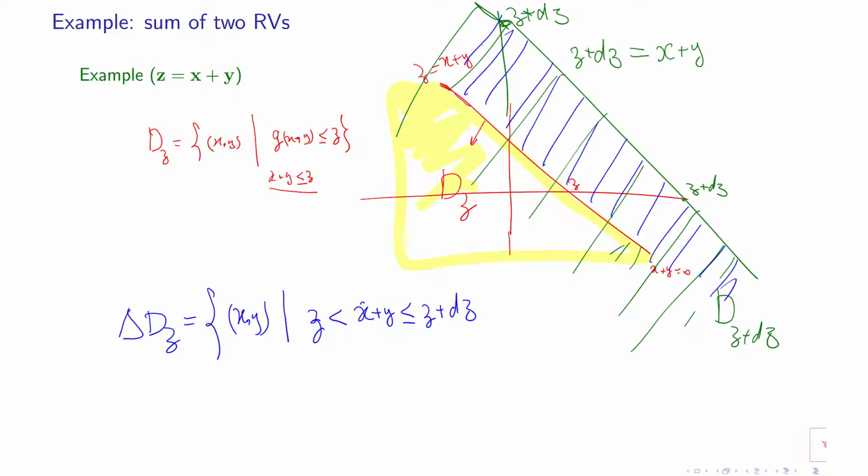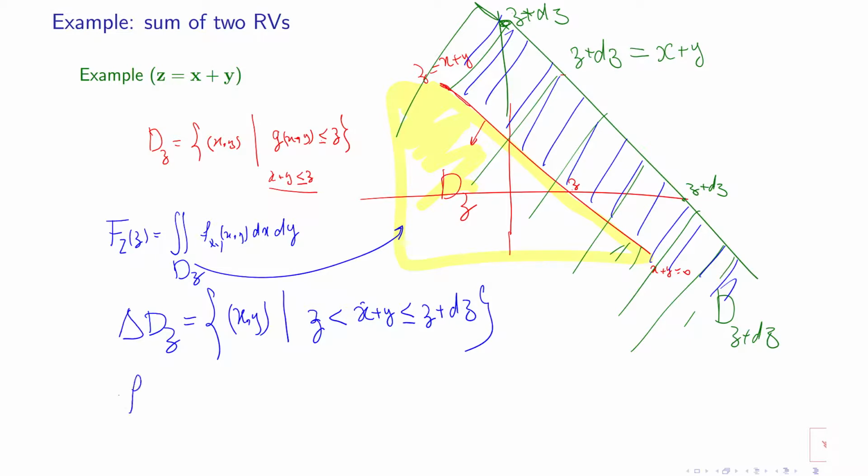So what I could say here is that the CDF F_Z of z is equal to the double integral, obviously, of f_XY of x and y dx dy over this Dz, and this Dz is plotted here.